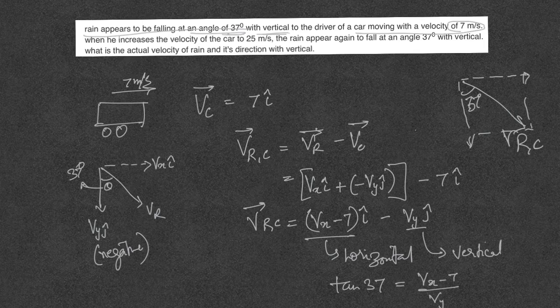Now here, remember this Vy is negative. Why is it negative? Because the direction is downwards. So then we will get tan 37, which is 3 by 4, equals 3 by 4, and this becomes our first equation. Now let's solve the second half of the problem.